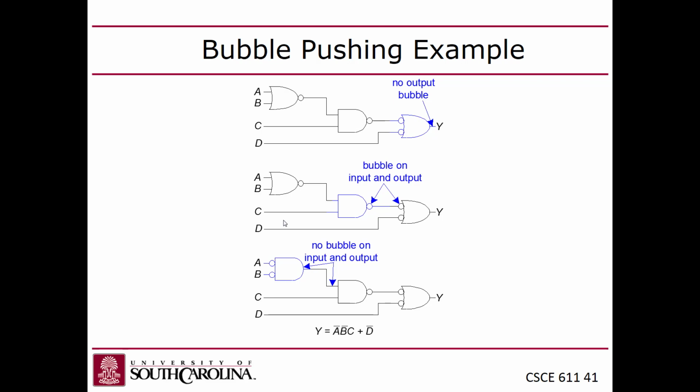So if you have a NAND gate, the inverted output could be transferred to the inputs, and then the gate would become an AND with inverted inputs because of De Morgan's law. Everyone see that? And then you continue pushing bubbles backwards, and if you have a bubble on either end of a wire, then that would cancel out.